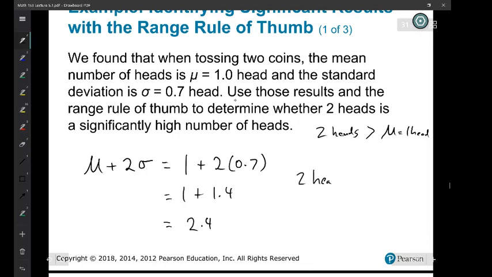So 2 heads is less than 2.4 heads. So getting 2 heads out of 2 coin tosses is not significantly high.